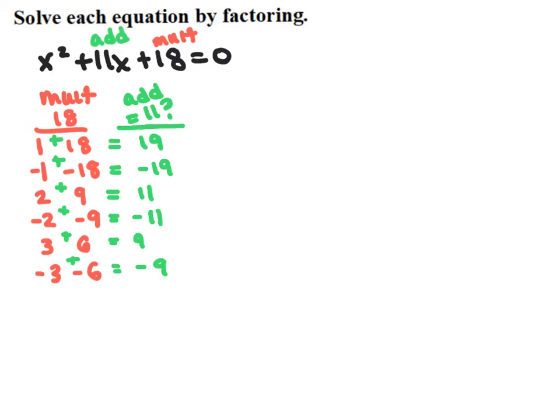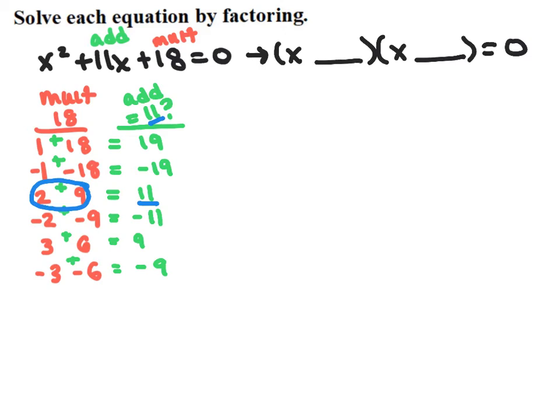Now, if we want to pick out which set of these numbers adds to equal 11, the pair of numbers that adds to positive 11 is the 2 and 9. So if I rewrite this as my factors, x with the blank times x with the blank equals 0, I'm going to use the numbers 2 and 9 to fill into my factors.